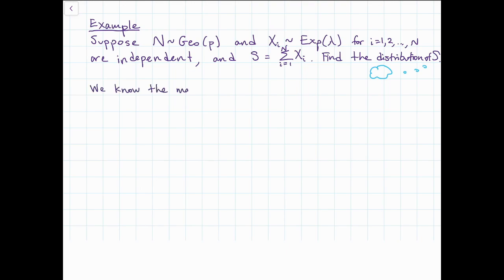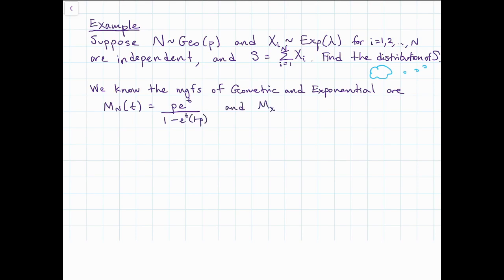We know, or we can look up, that the MGFs of a geometric and an exponential are nice closed functions of t. So M_N of t is p e^t over 1 minus e^t times (1 minus p), and M_X of t is lambda over lambda minus t.